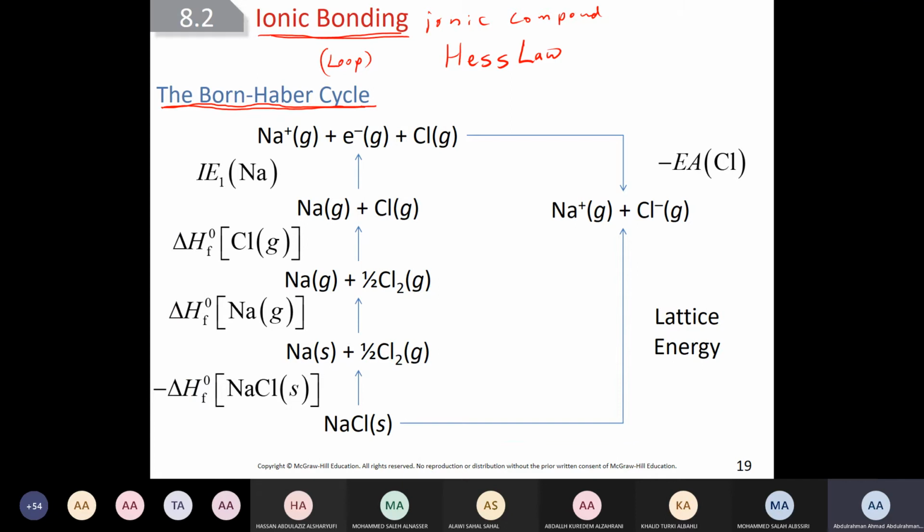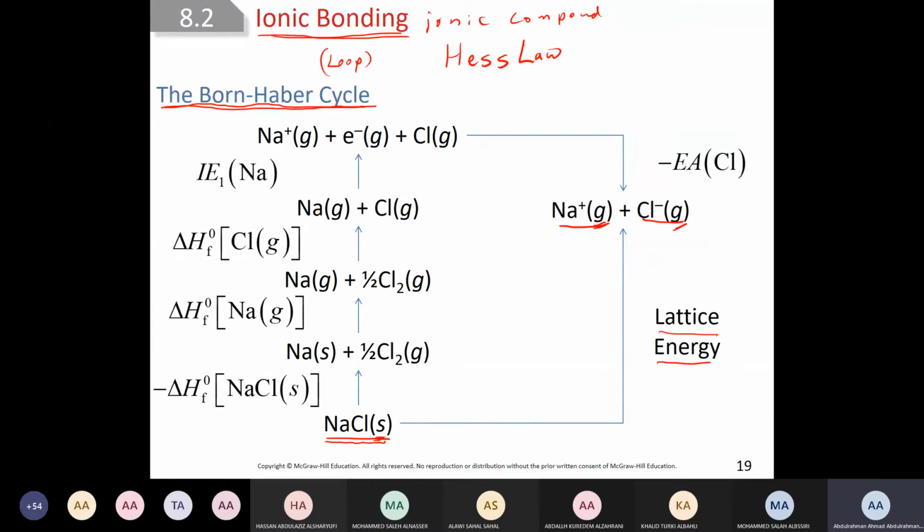Now, if you go from this solid compound into gaseous ions, what do you call this reaction? It is lattice energy.